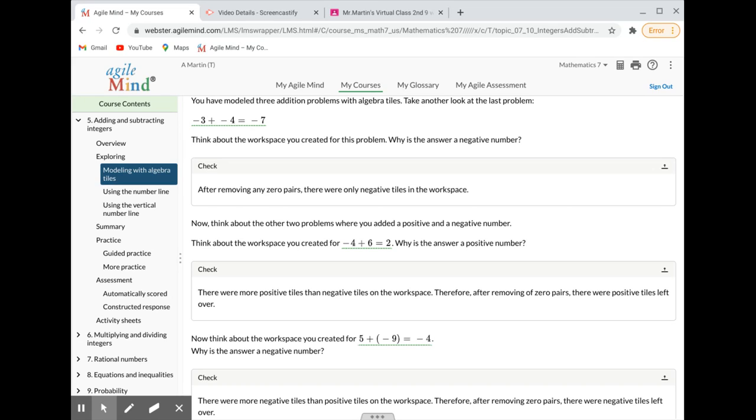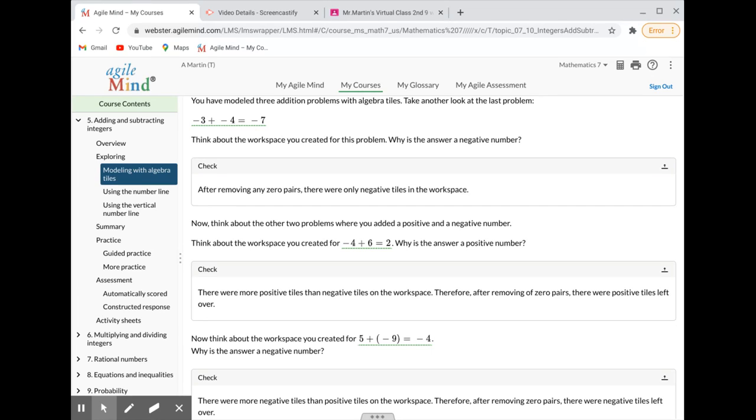Therefore, after removing any 0 pairs, there were positive tiles left over. Now think about the workspace you created for 5 plus -9 equals -4. Why is the answer a negative number? There were more negative tiles than positive tiles in the workspace. Therefore, after removing any 0 pairs, there were negative tiles left over.